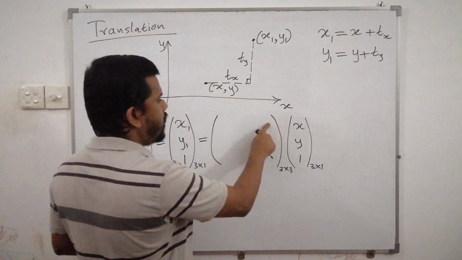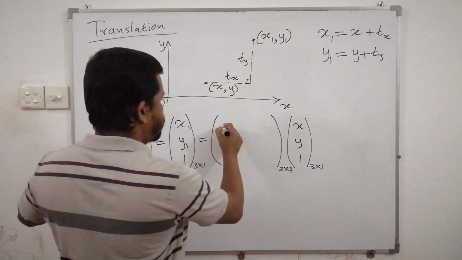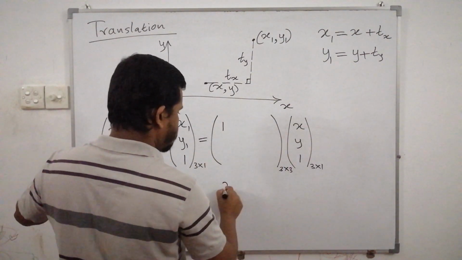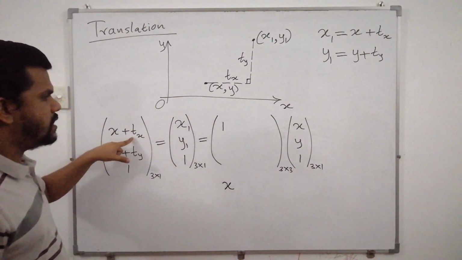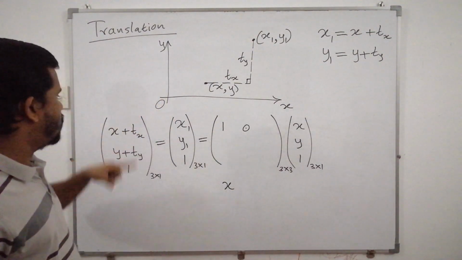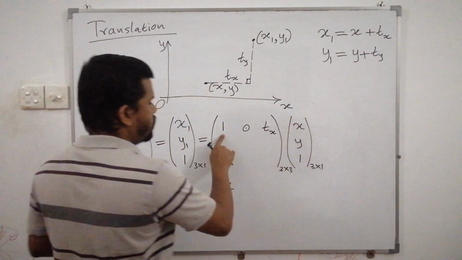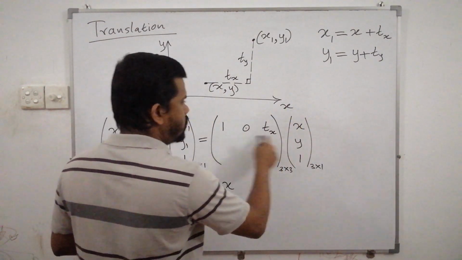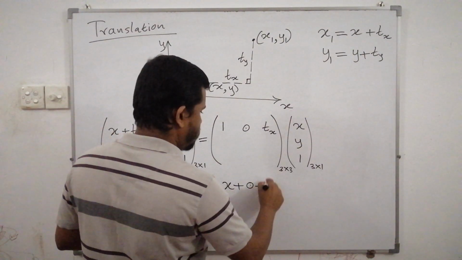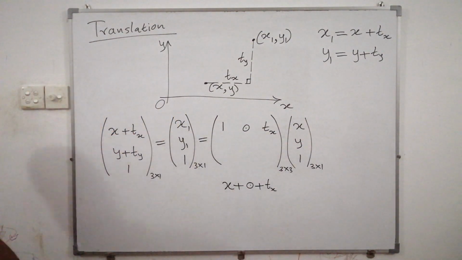In the first row we have 3 elements. In order to get x, we can put 1 here. 1 into x, x. Now no y terms, therefore 0. Now we have tx. Here we put tx. Now 1 into x, x. 0 into y, 0. Tx into 1, tx. We can get the first term.